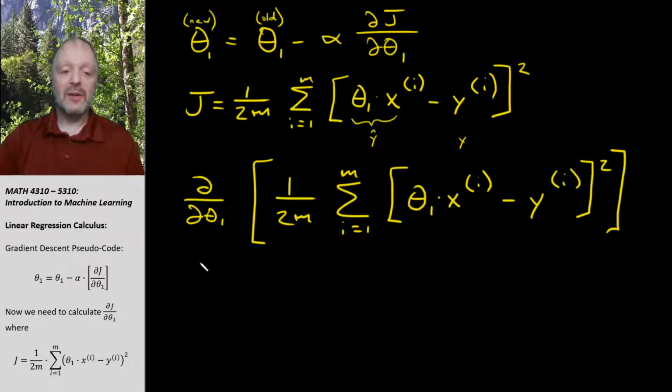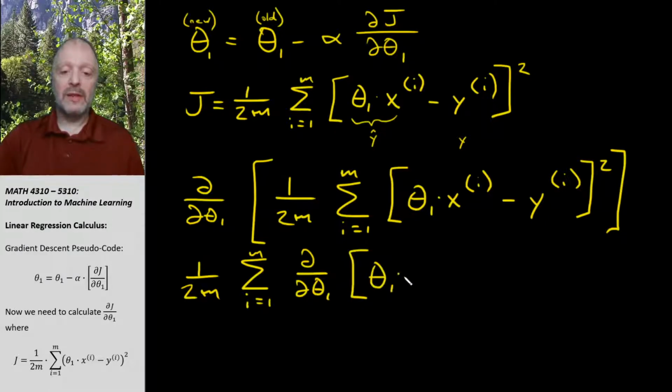It's just a constant. So 1 over 2m times this summation, but this summation is summing over i. It has nothing to do with this partial, so I can really move the partial on the inside. So i equals 1 to m, partial with respect to theta 1 of, now for the fun part, theta 1 times x_i minus y_i quantity squared, like that. Okay?